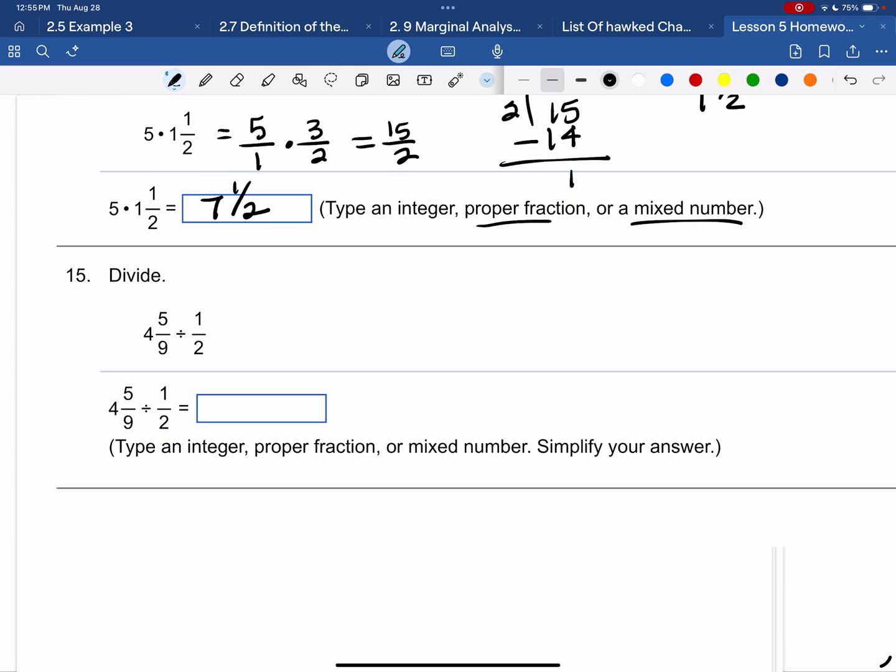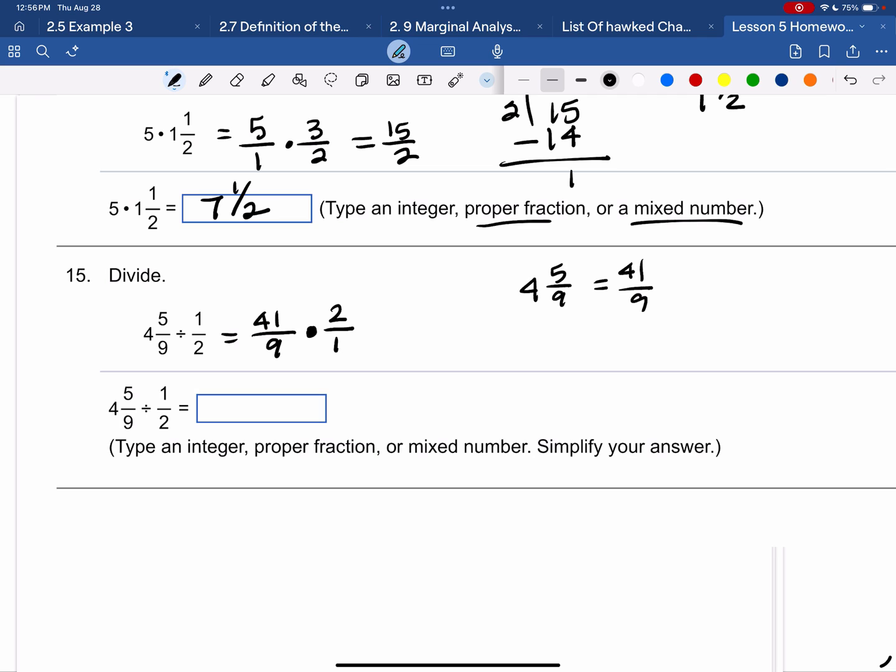4 and 5/9 divided by 1/2. Well, the 4 and 5/9 needs to be changed. 4 times 9 is 36 plus 5 is 41/9. I'm going to change divide to times and flip over 2 over 1. And I don't see anything that's common because 41 is a prime number.